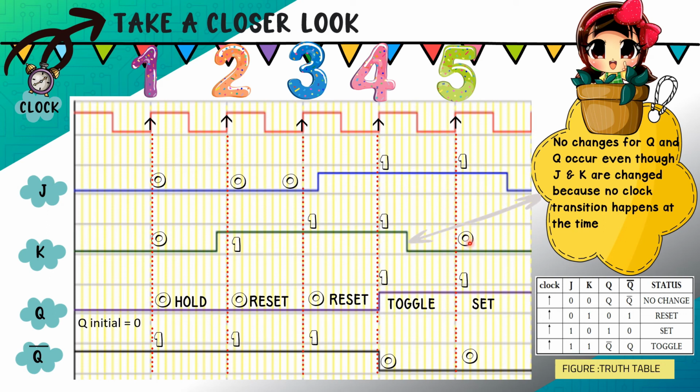The truth table shows the output Q is set state, which is Q is 1. Although the output is the same as the previous state, which was the toggle state, in this case the output state is called the set state, that is, the output state should refer to the input state.